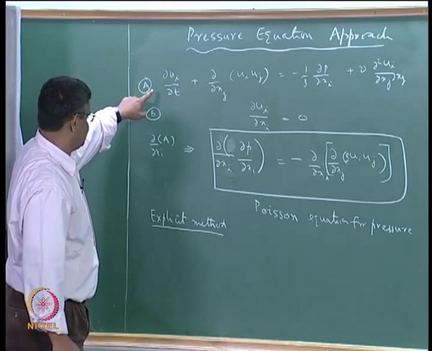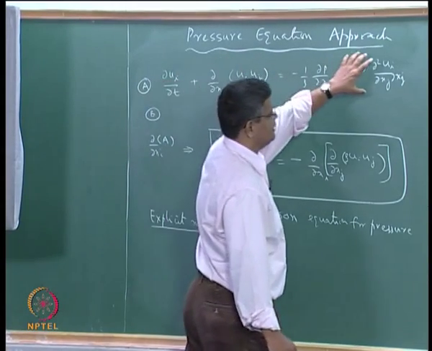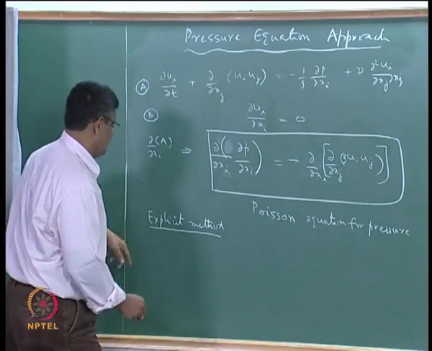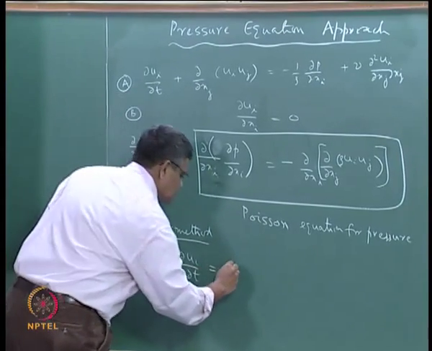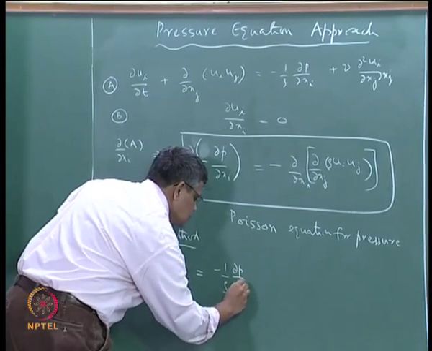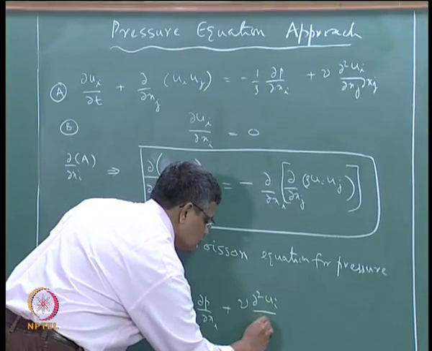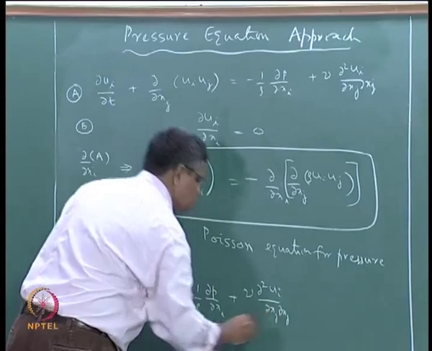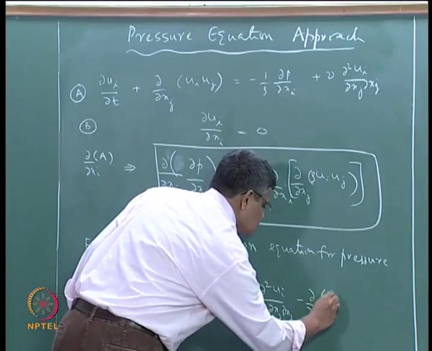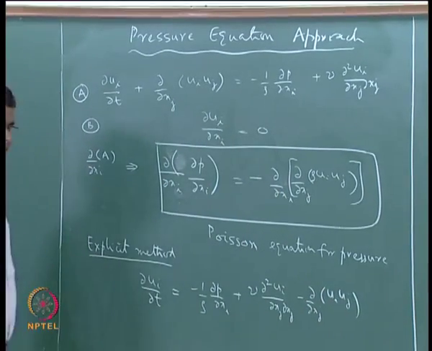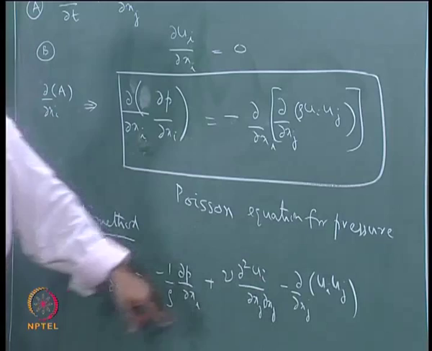Okay, so now we consider, we know that we have the advection term and we have the diffusion term and all these things, and we can rewrite this as minus, and so we have the left hand side term and then we have the right hand side terms involving the spatial derivatives.